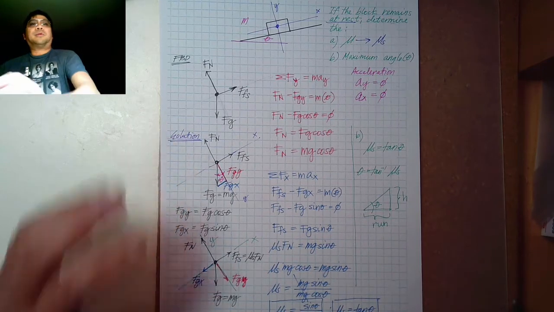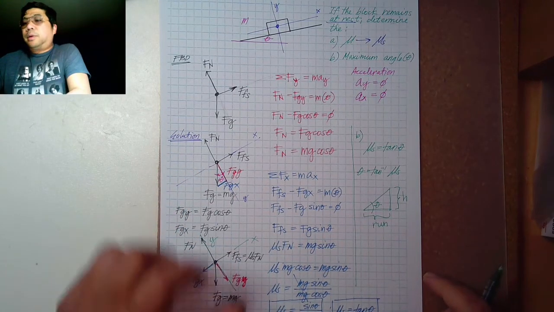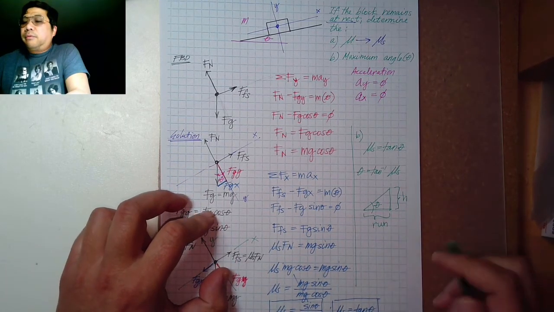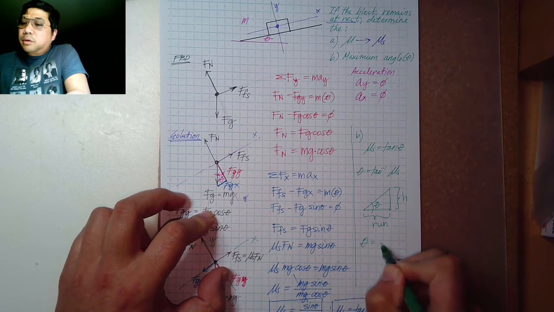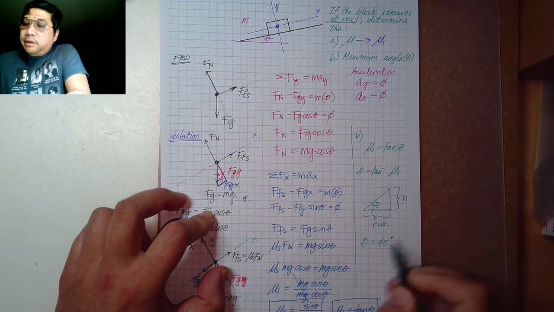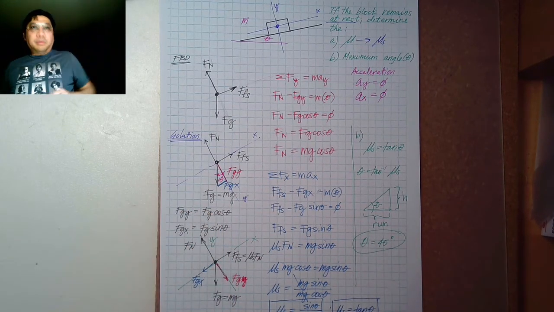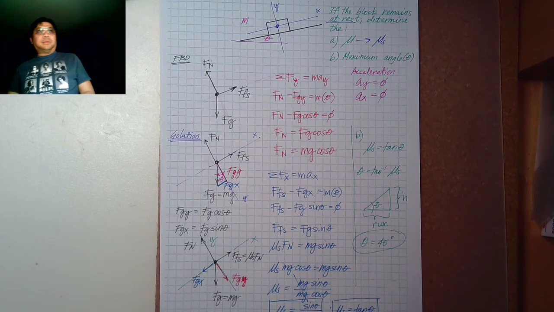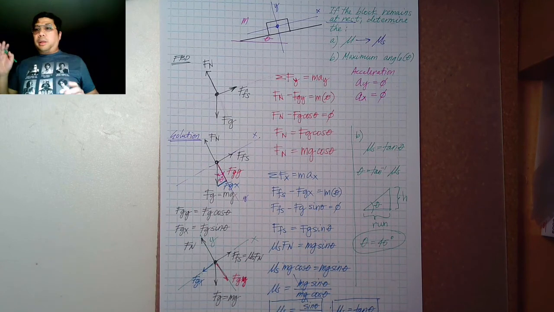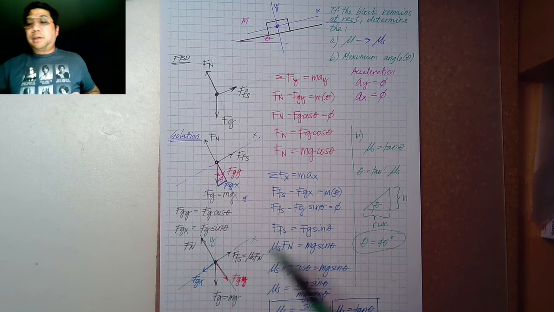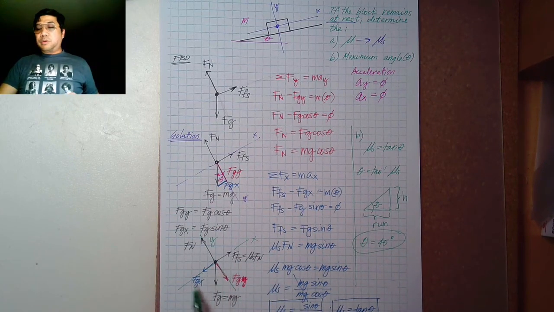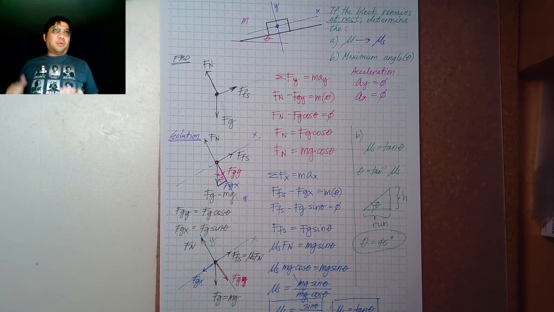That's the slope. If the run and the height are equal, then we will form an angle equivalent to 45 degrees. So in order to experience the maximum angle, it should be 45, where the force of friction is equivalent to the force of gravity along the x-axis. So that's 45 degrees.